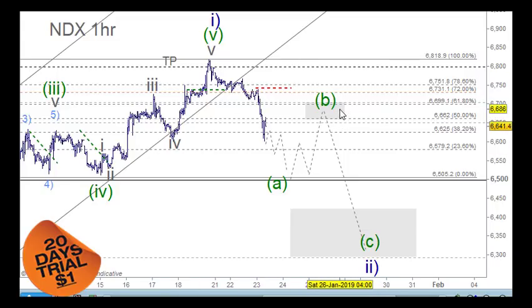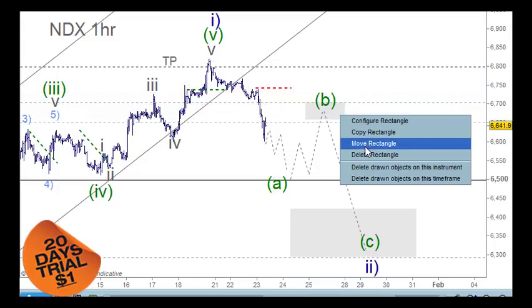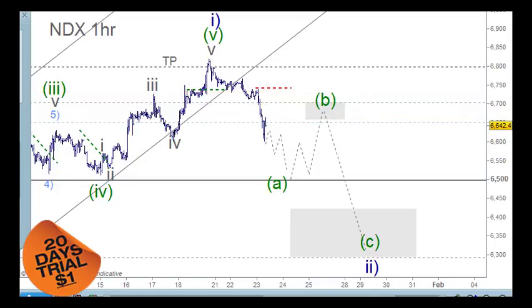We can turn this box green to short anywhere within this box, but to do that, we need to be sure that we have 5 waves down here, and it does look like we're having 5 waves.